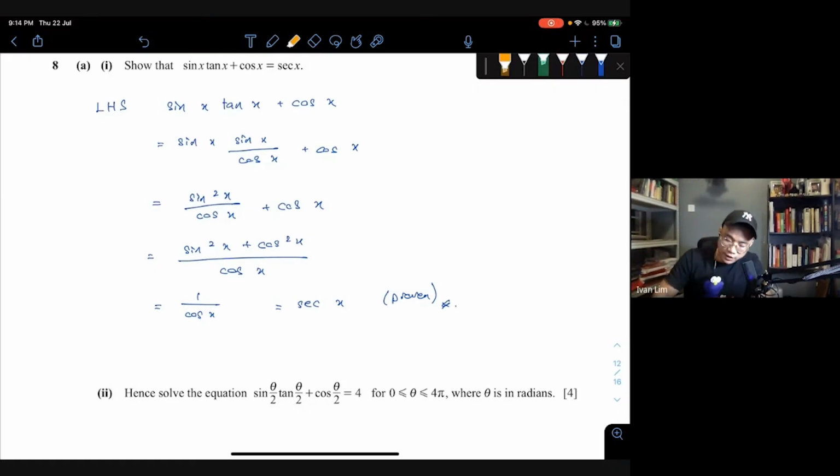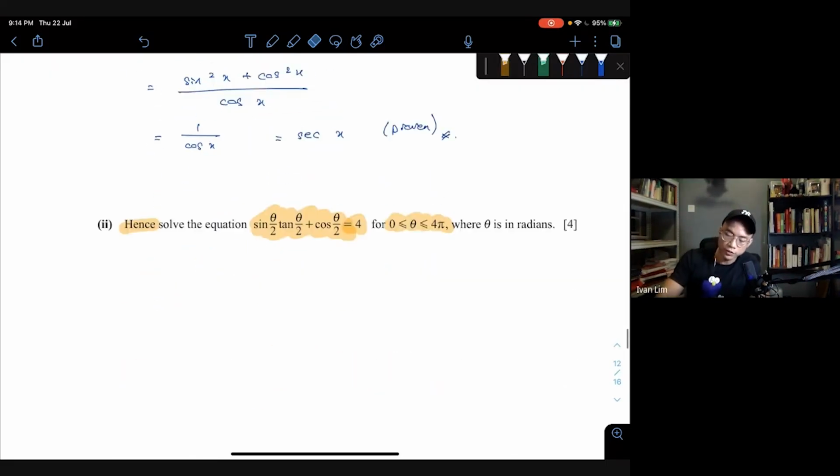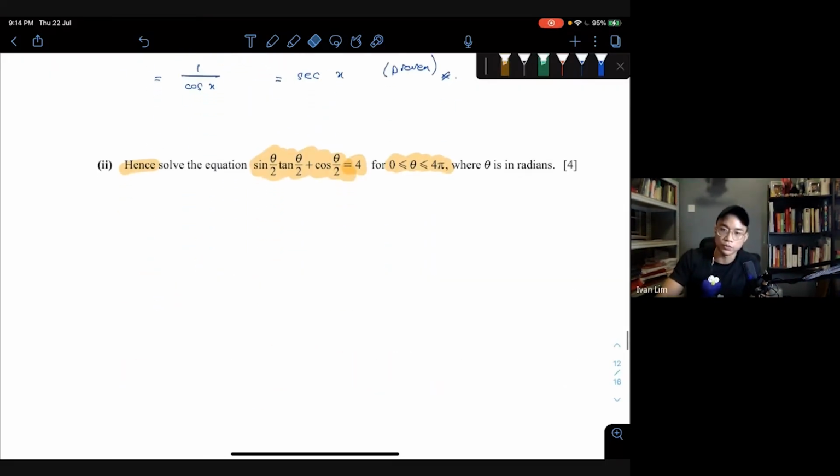Okay, hence, solve the equation sine theta over 2 tangent theta over 2 plus cos theta over 2 equals 4, for 0 to 4 pi. This one I need to teach you the proper way to do it, because I know that many students don't know how to do this one, especially when you see the angle there.